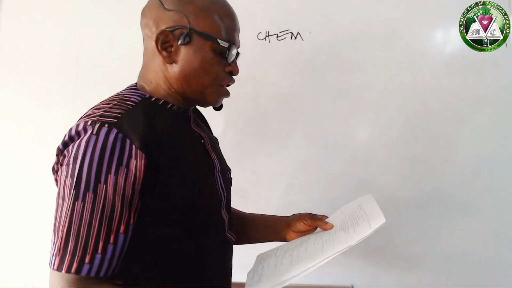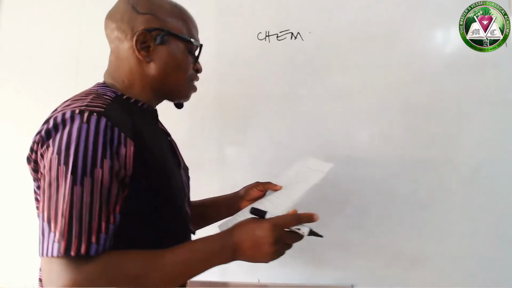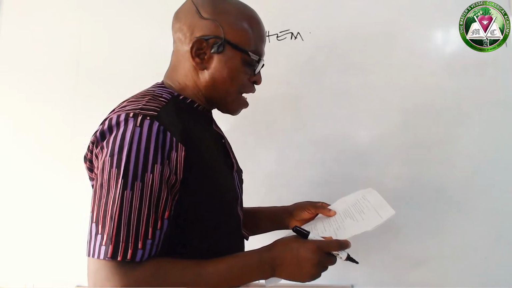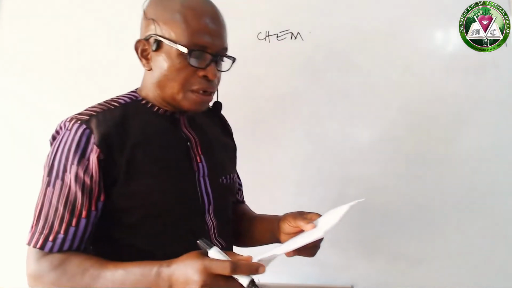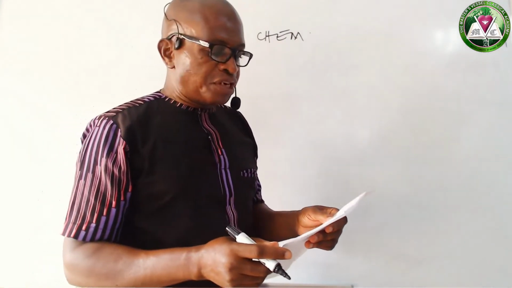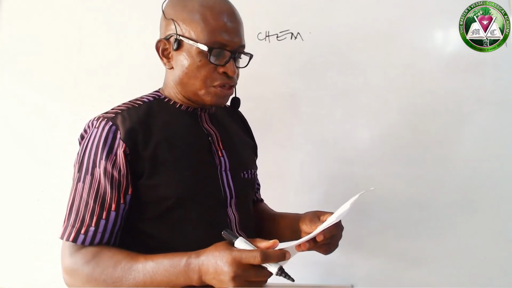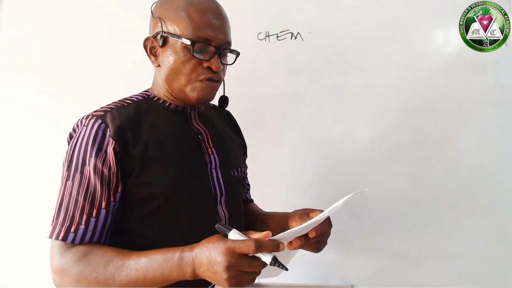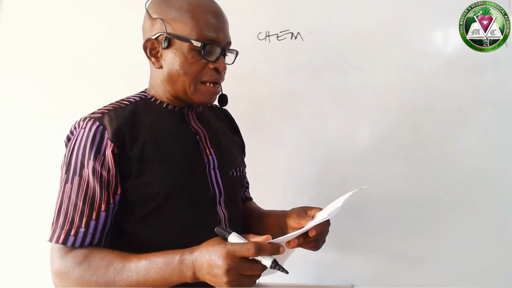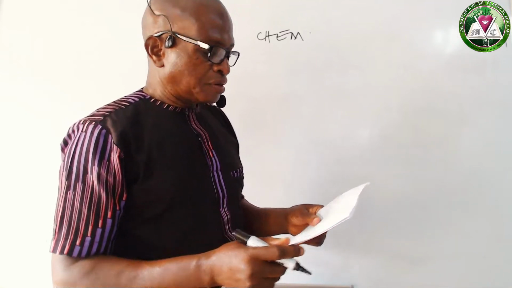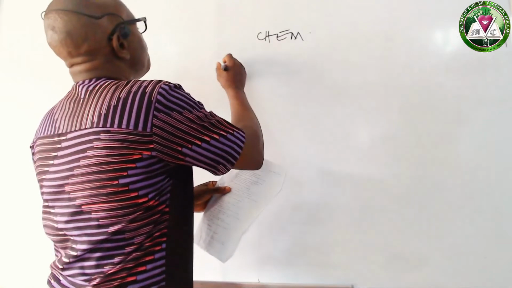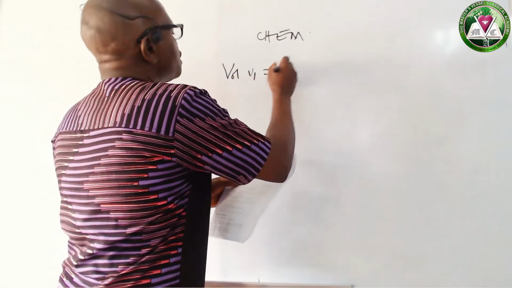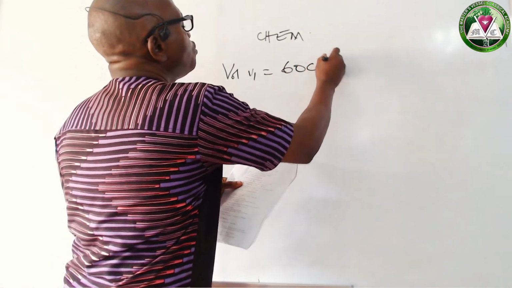Number 20, the question is, if 60 cm cube of a gas is heated from 27 degrees centigrade to 77 degrees centigrade, what is the new volume of the gas at constant pressure? You have volume V1 equal to 60 cm cube.